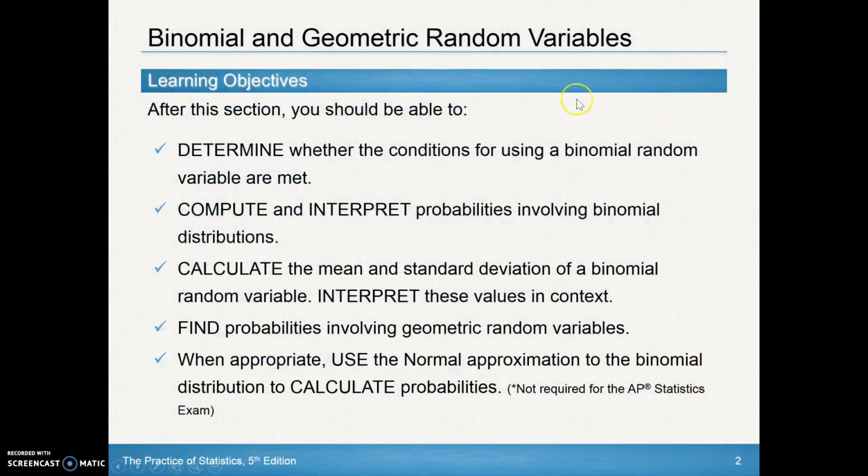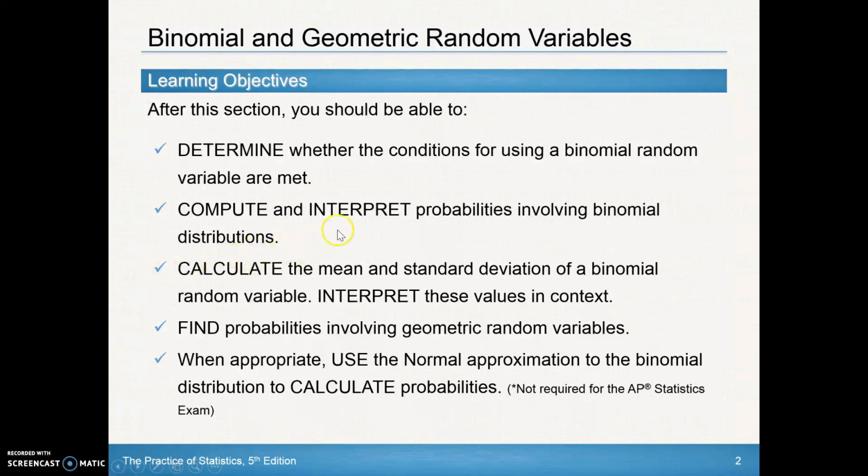So, in the objectives for the section, for video 1, we're going to determine whether the conditions for using a binomial random variable are met. There are 4 conditions that we will have to investigate. We'll learn to compute and interpret probabilities involving binomial distributions.